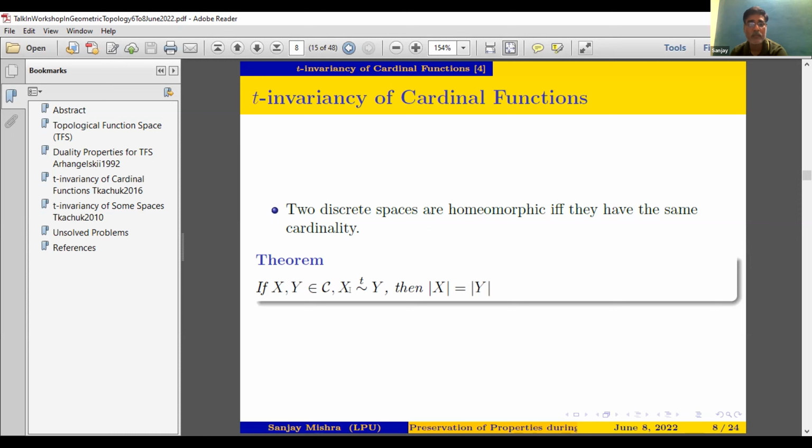So this result is better compared to our first question, and our problem is more general. This is the first basic example, or result, about the t-invariance of a cardinal function.